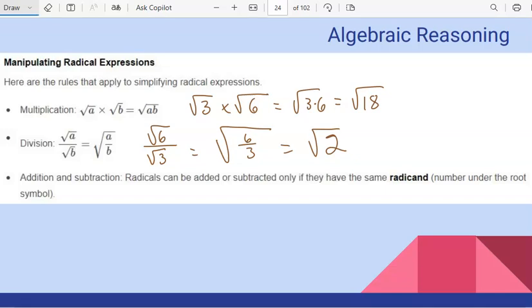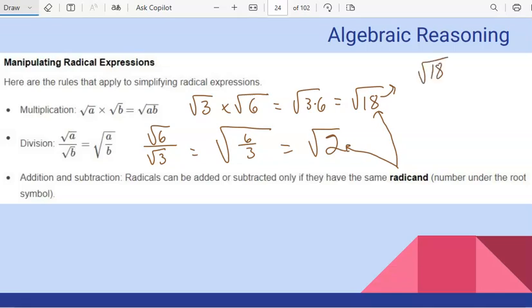Addition and subtraction. Radicals can be added or subtracted only if they have the same radicand. That's the number under the root symbol. So radicands would be the 2, it would be the 18. Now we could add those if you simplify this to see if we could have it the same as this 2 right here.